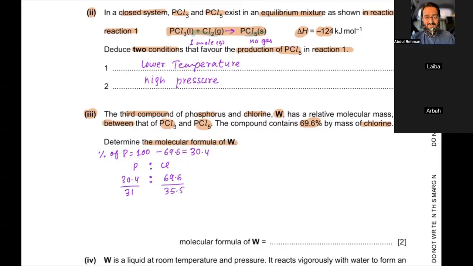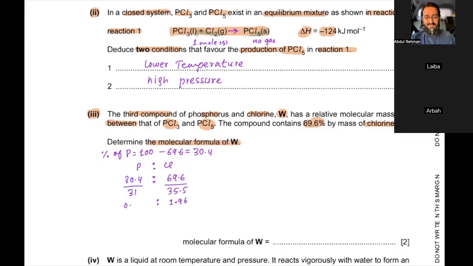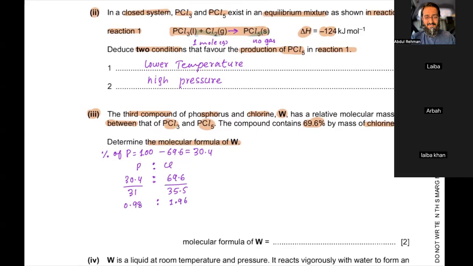Chlorine is 1.96 and phosphorus is 0.980. So the ratio is going to be 1:2.